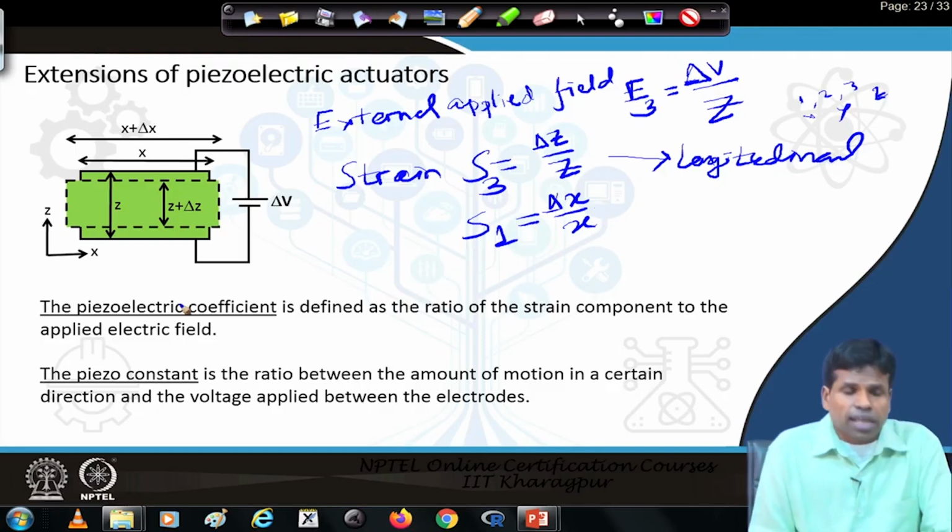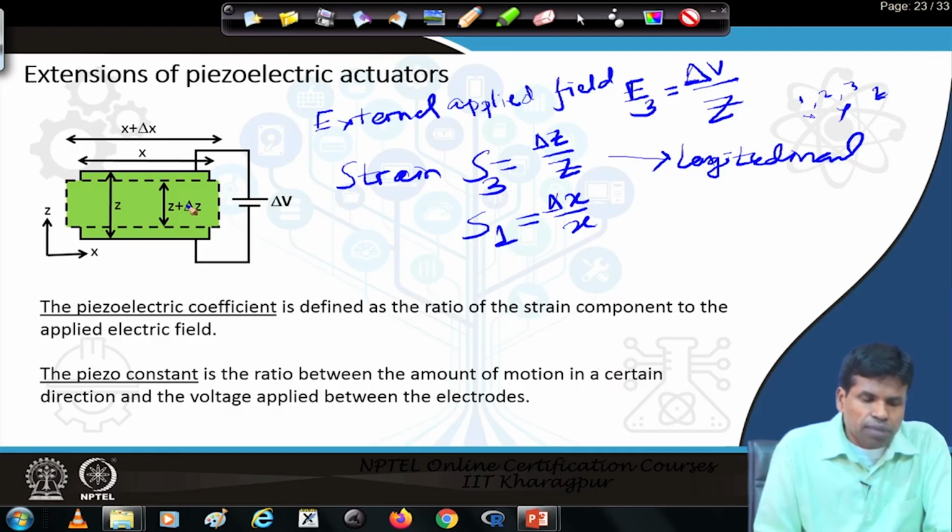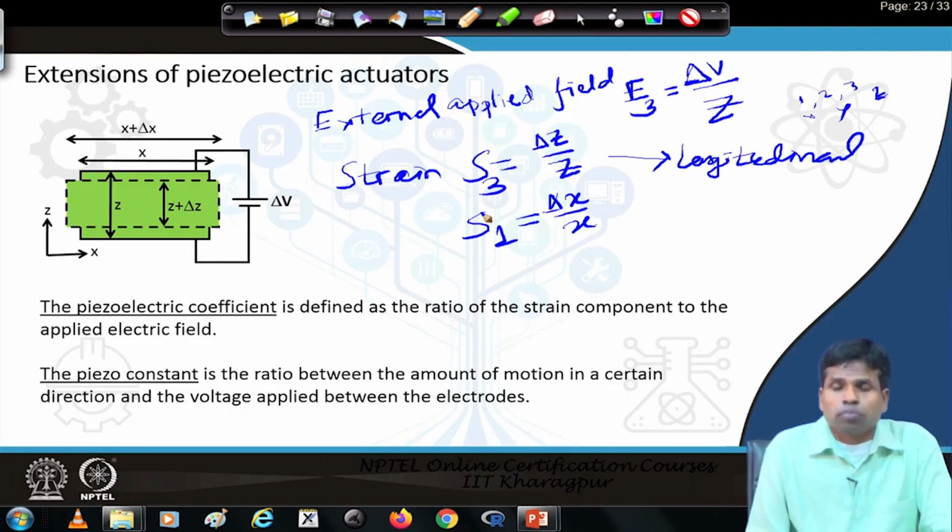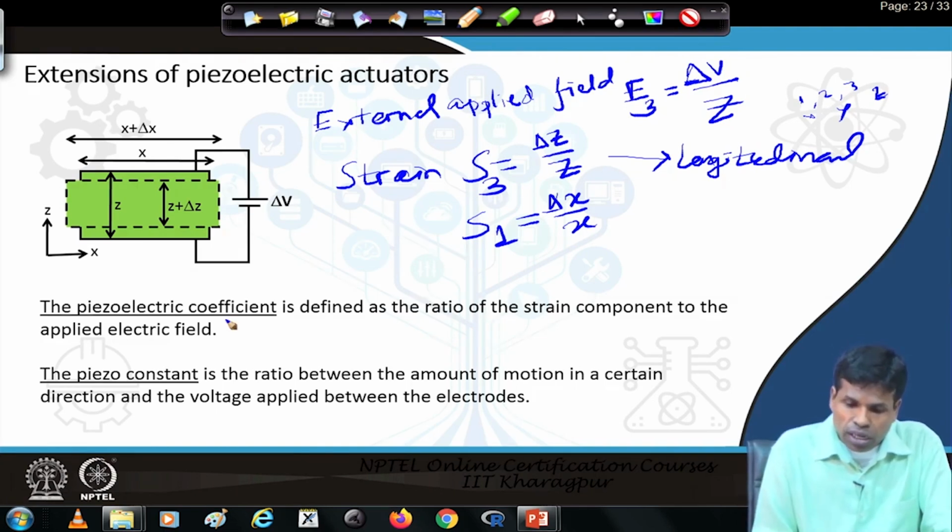Now, the mechanical strain developed in the piezoelectric material is proportional to the electric field, with the piezoelectric coefficient as the proportionality constant. The piezoelectric coefficient is defined as the ratio of the strain component in a particular direction to the applied field.